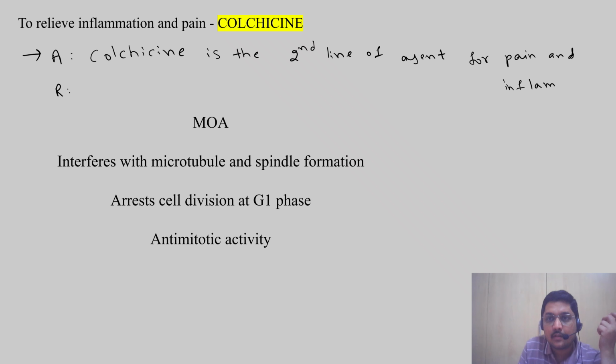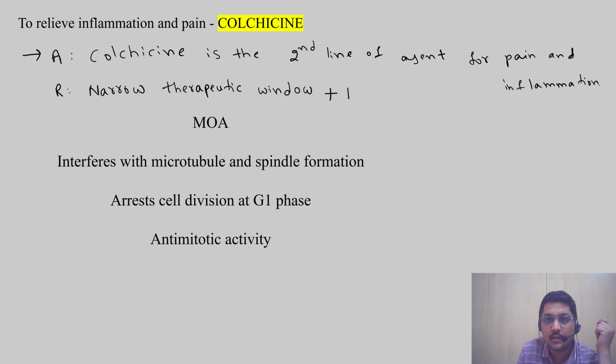This might be put in the assertion. And what might be the reason? The reason they might provide is that colchicine has a very narrow therapeutic index, therapeutic window. Additionally, colchicine has a high rate of side effects.